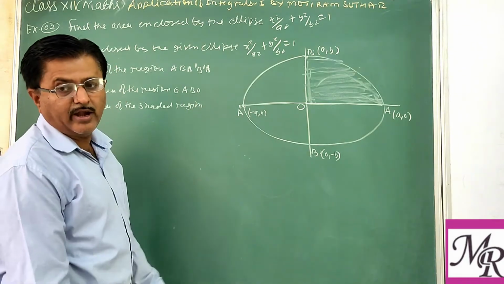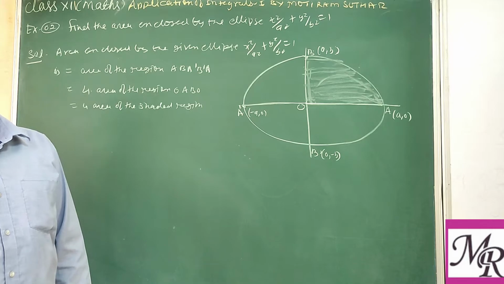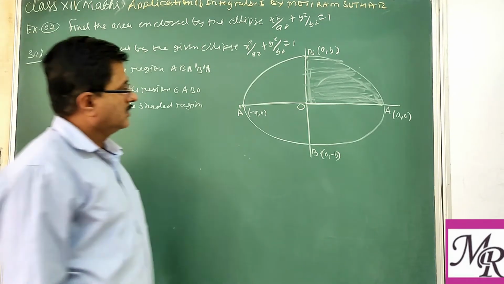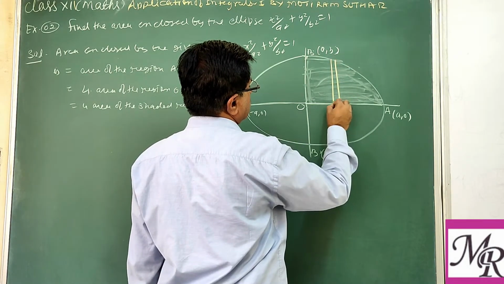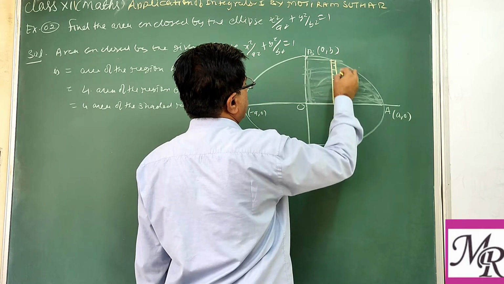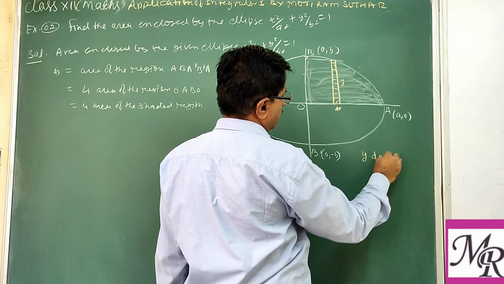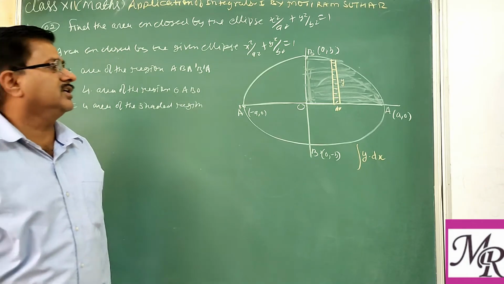Now here you can find the area along the x-axis or along the y-axis. So we may take an elementary region of this. Suppose you take a rectangular region here. This is dx and its height is y. So its area is height into breadth, and then the definite integral. Now what limit is there?